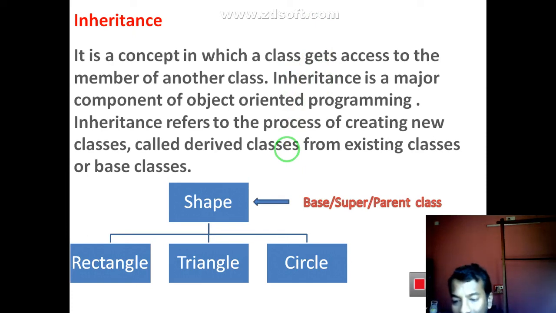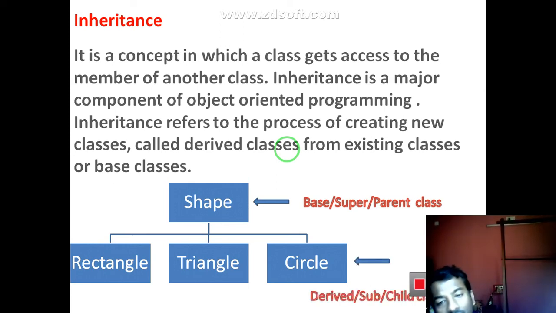The classes below are inherited from, or derived from, the set. These classes are called derived classes, subclasses, or child classes. This hierarchical process is the process of inheritance.